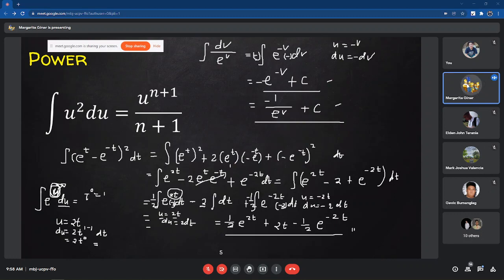So, 2 times 1 is equal to 2 dt. That's why it is 2 dt.